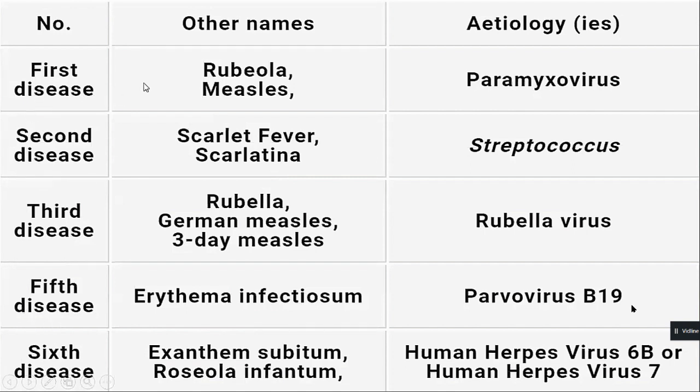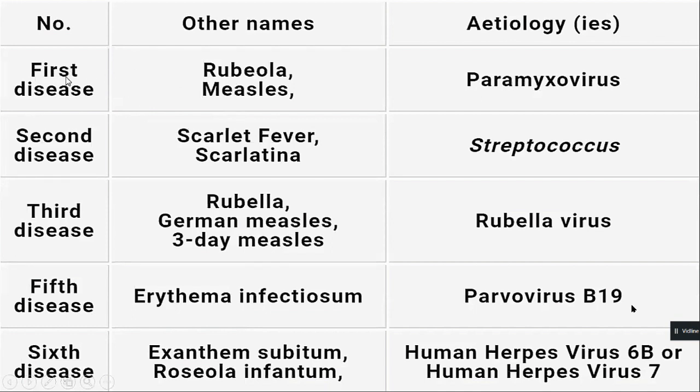First disease. So we are talking about rubeola, measles, and you have to be familiar with different names, because sometimes in the exams they can give you the option in the scenario, in the question. For example, rubeola, and you studied it as first disease. You have to be familiar with different names because you can choose according to the options.